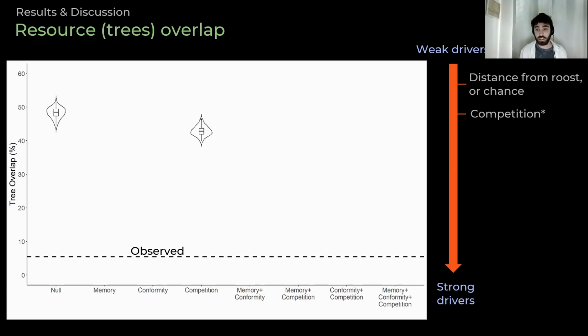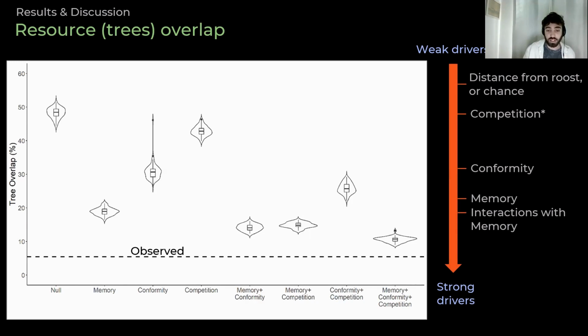Then competition is not very different from the null model. And if we add conformity and memory, it's very clear that none of them really reaches the observed resource overlap, but memory is the closest by far. And the interactions don't change much. So it seems like memory, at least in the species in this system, is really the main driver for partitioning of trees.